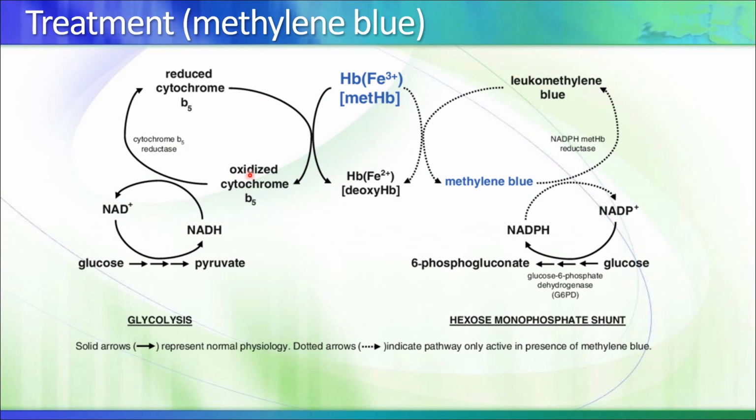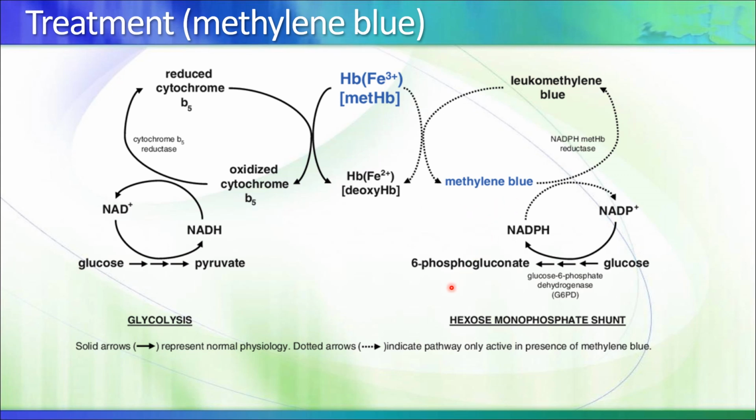So, as I said, normally NADH from glycolysis is the main source of electrons that would ultimately be donated to iron +3, converting it into Fe+2. Okay, so an alternative pathway can be used utilizing methylene blue.